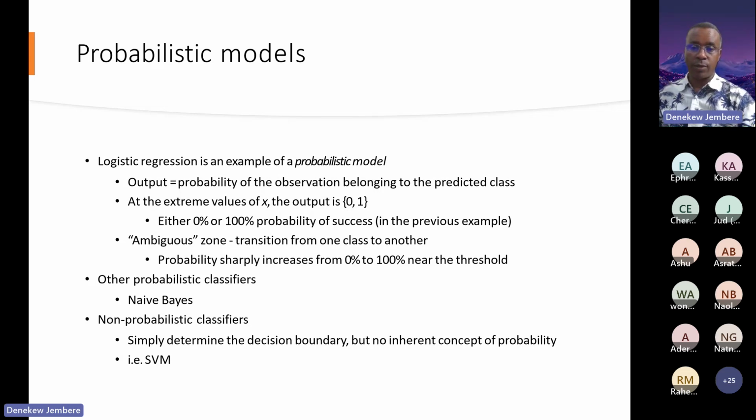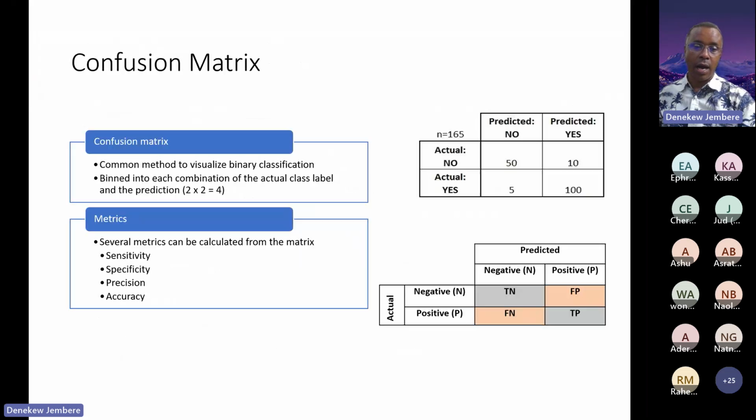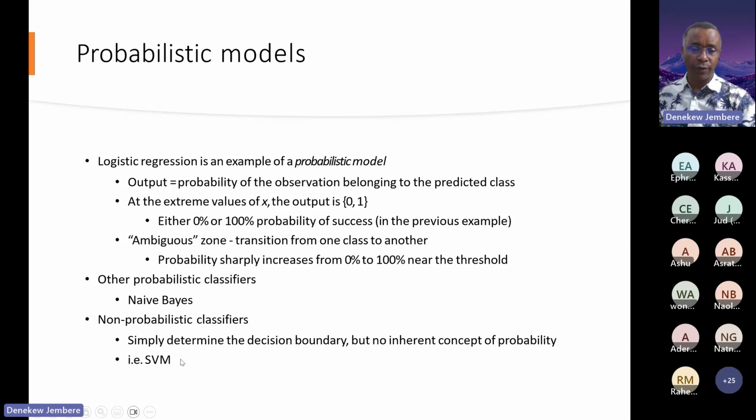And there are non-probabilistic models that enable us to classify values, and among them is the support vector machine.